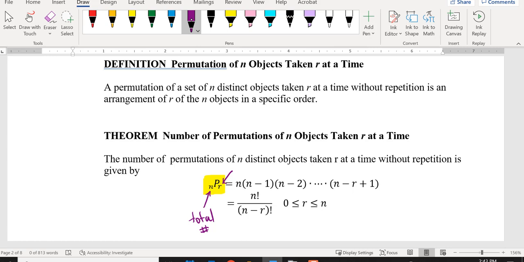You do that by doing n times n minus 1 times n minus 2, all the way till you get to the number n minus r plus 1. Now, usually, we don't see it written that way. We see it written like this. It's equal to n factorial over n minus r factorial.